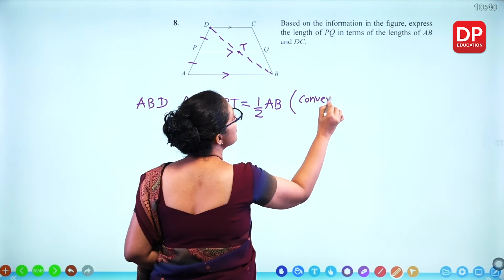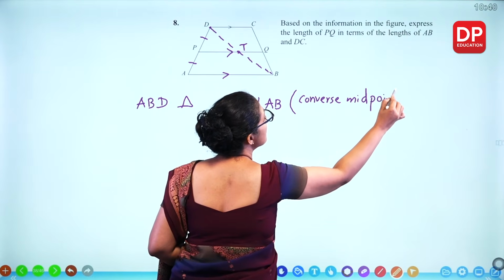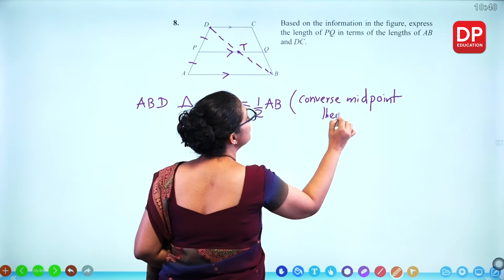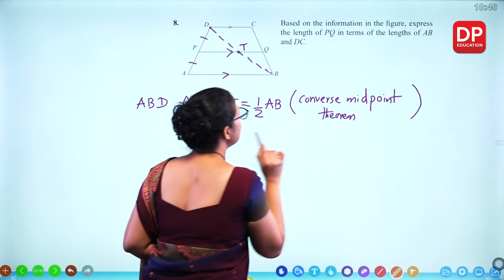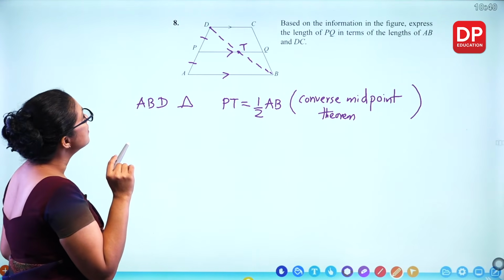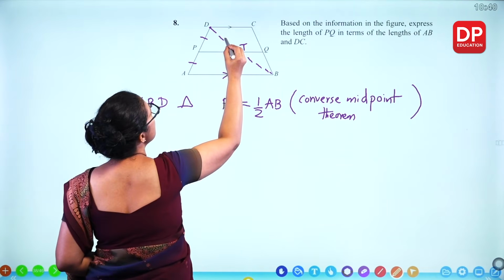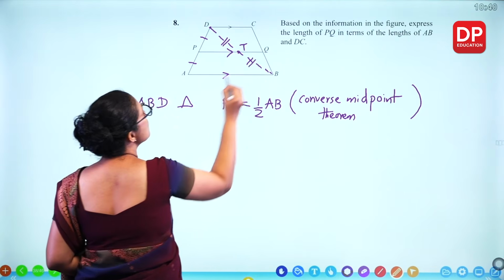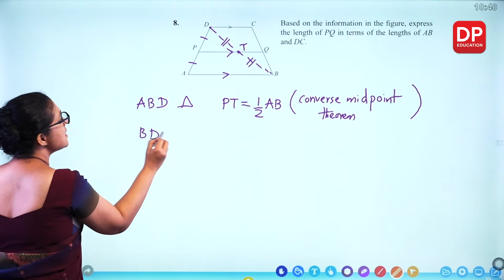Converse midpoint theorem and then the midpoint theorem. Then when you take the Converse theorem, we can say this length is equal to this one. Then take the BDC triangle.